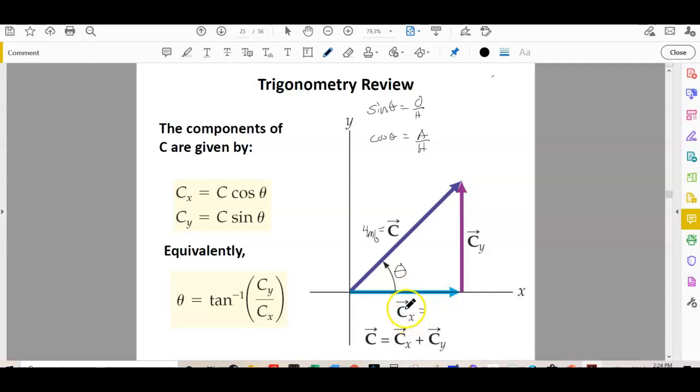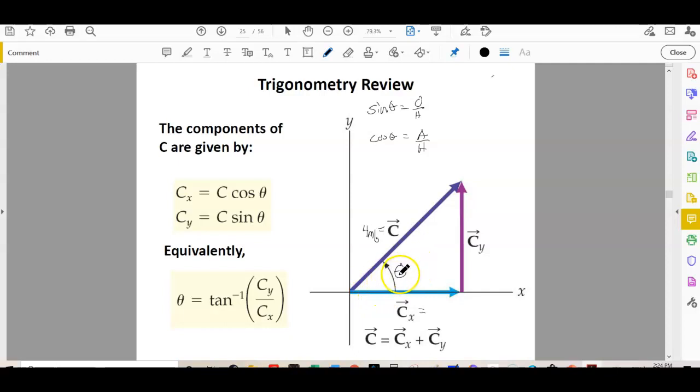So here, the CX vector, is this adjacent or opposite the angle theta? Okay, we know this is the hypotenuse. That's pretty easy to recognize. But how do you recognize the opposite and the adjacent side?